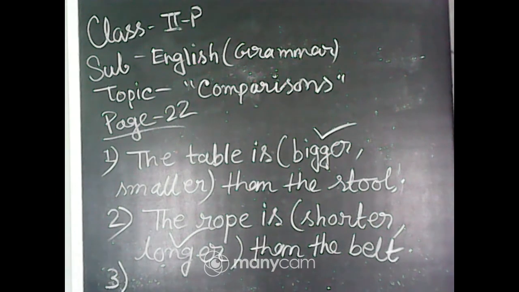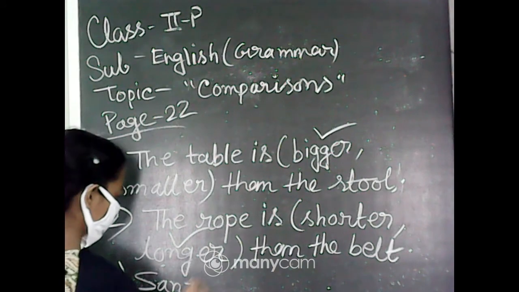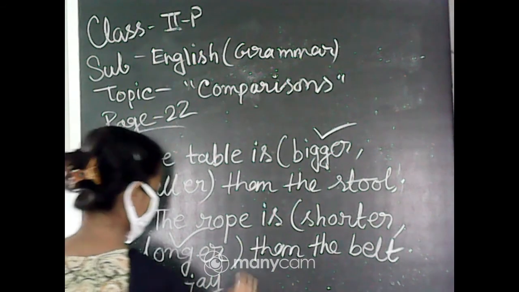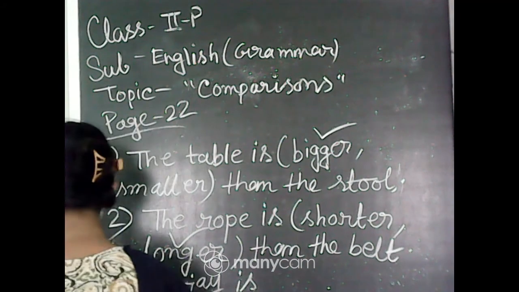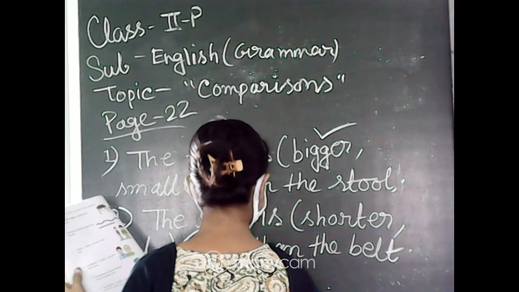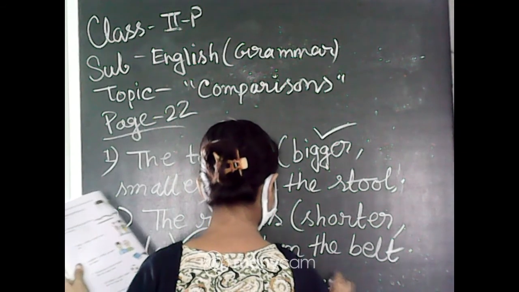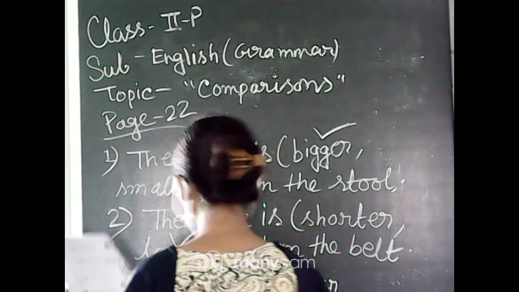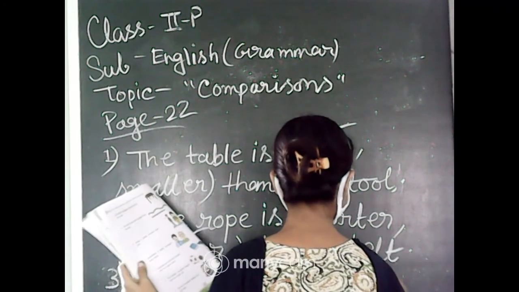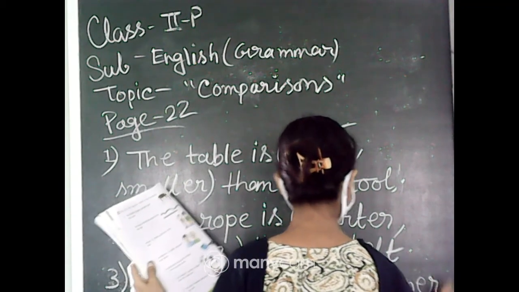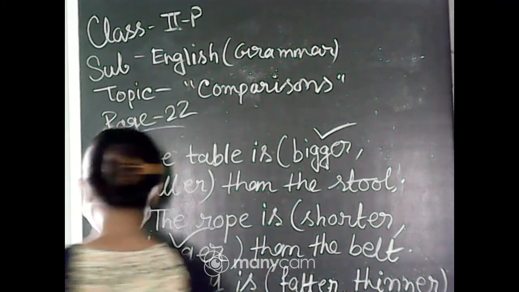Number 3. Sanjay is fatter or thinner than Anil.